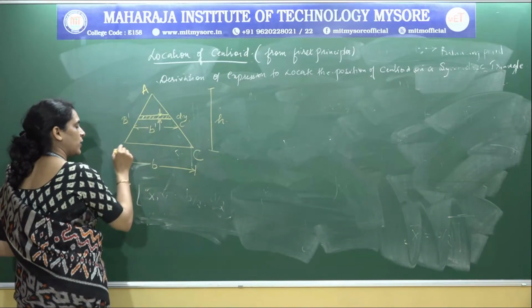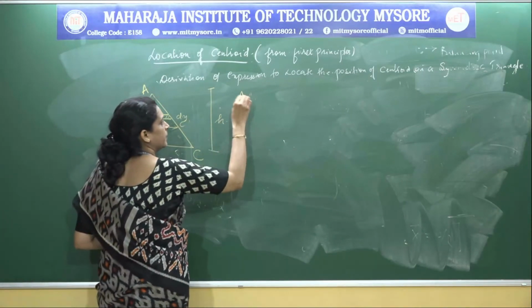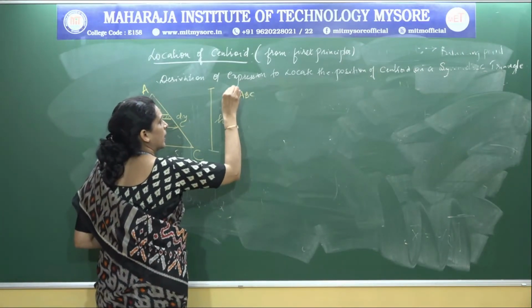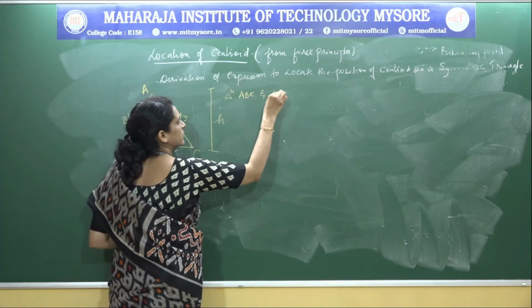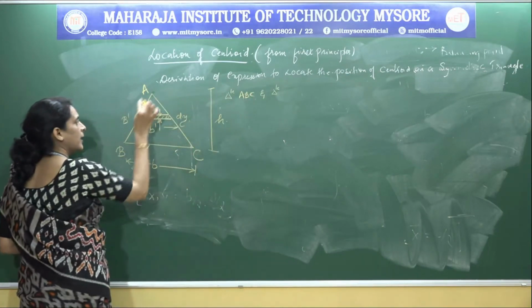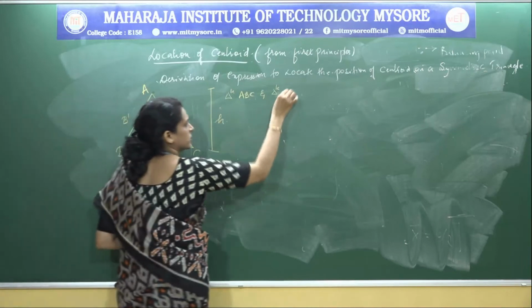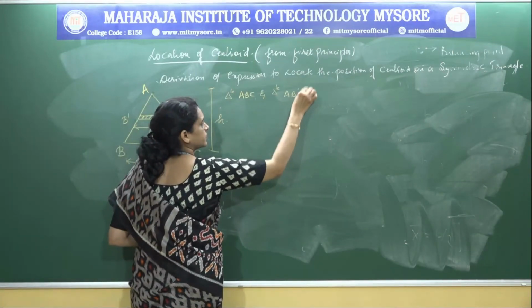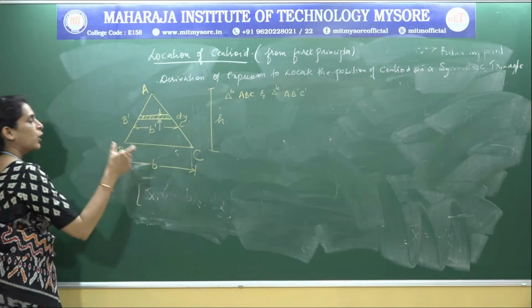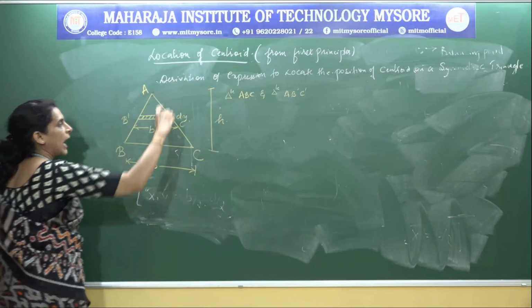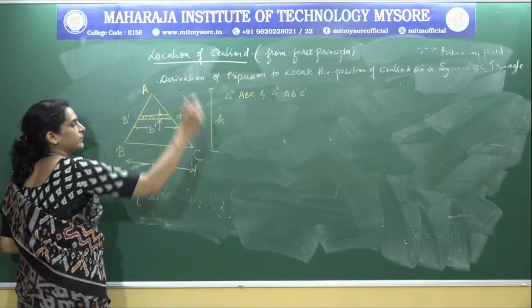So now we know from the principle of similarity of triangles, we will compare the triangle ABC and triangle A, B dash and C dash. So what is the height of the smaller triangle?